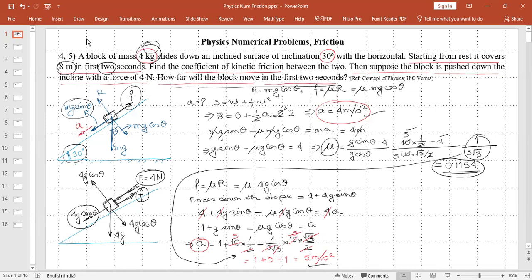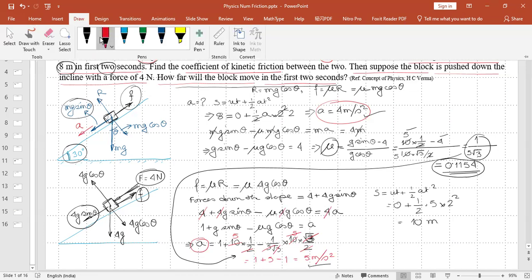Again, use the formula S equals U T plus half a T square, which is 0 plus half times 5 times 2 square, equal to 10.